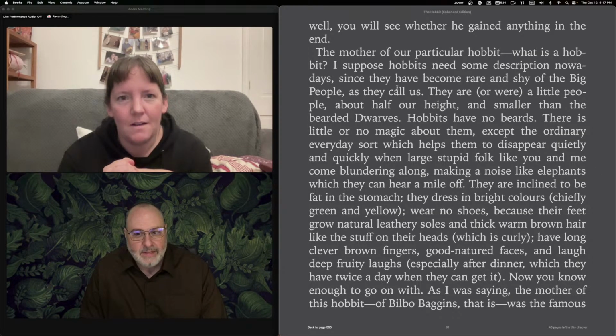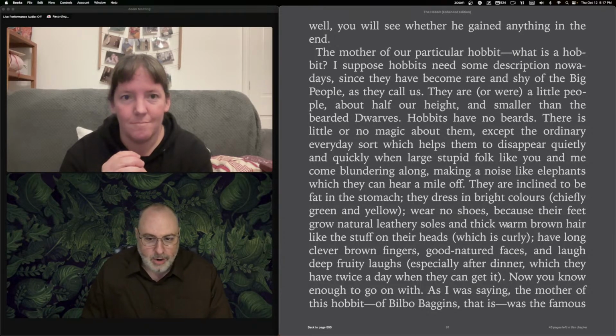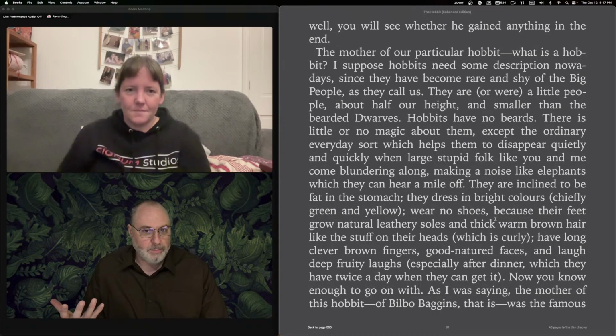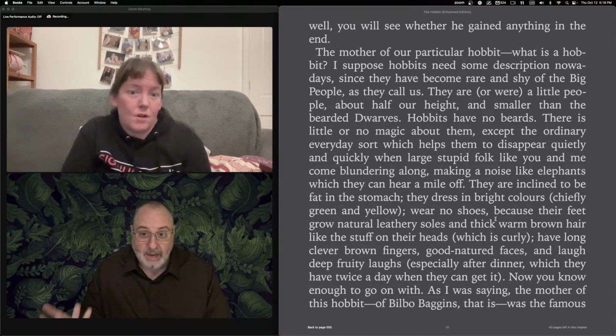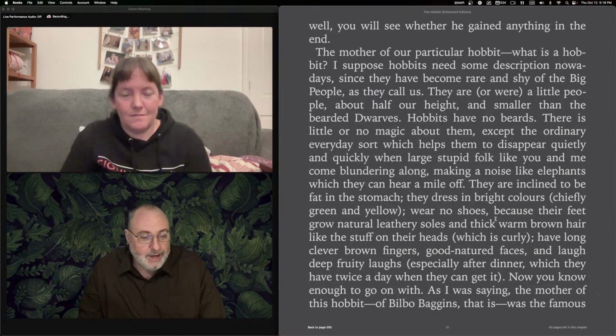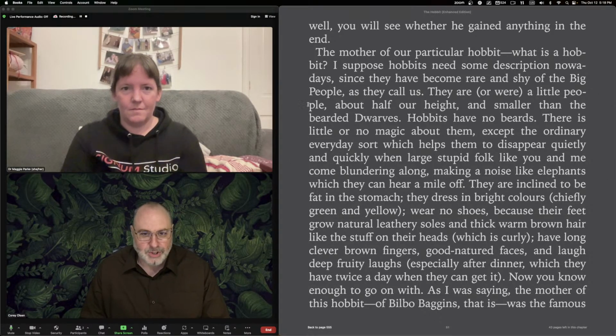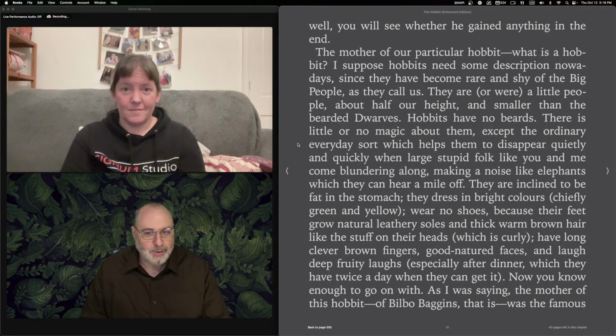Yes. It's the fact that all of these descriptions are in the plural. They are inclined to be fat in the stomach. They wear no shoes. They dress in bright colors. So is Bilbo wearing bright colors? Probably, because we're told hobbits tend to, but we haven't seen him. Is Bilbo's face good-natured? Well, we're told hobbits' faces tend to be good-natured, so it probably is.